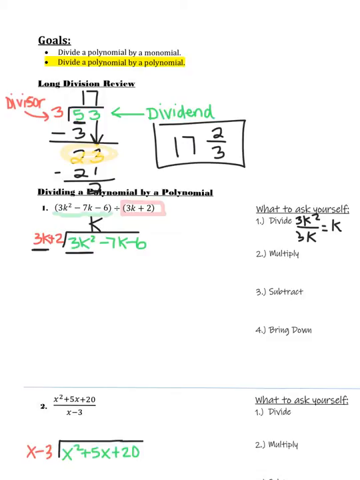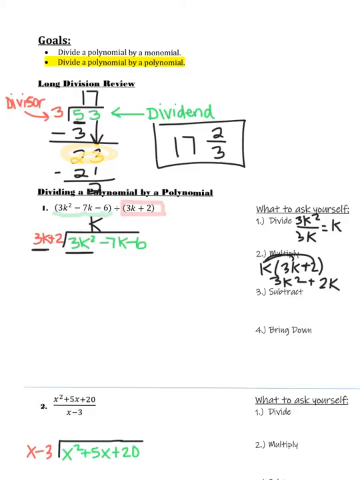Now the second step, we want to take that k, and remember we want to multiply that by the divisor, and in this case I am going to use the entire 3k plus 2 to multiply that. So think about this as a distribute. So when I distribute k to 3k, I'm going to get 3k squared, and when I distribute k to the 2, that's going to be plus 2k.